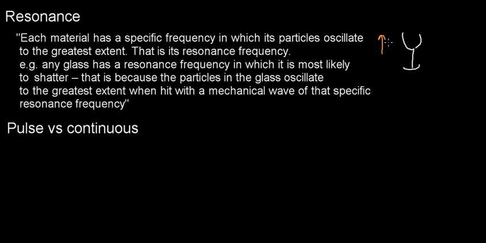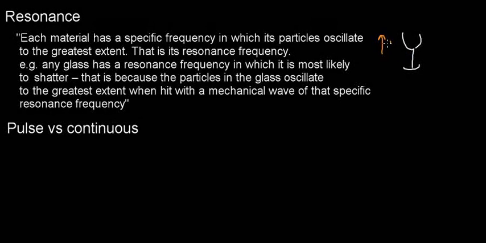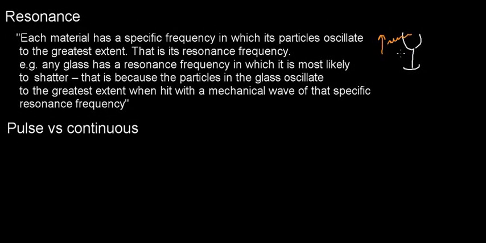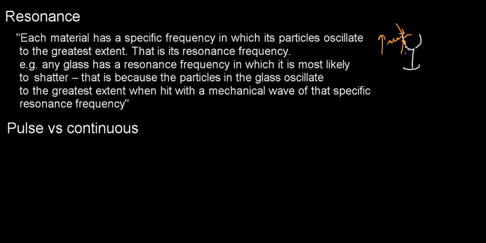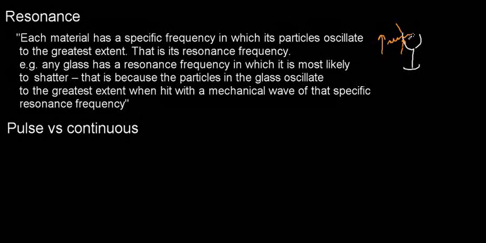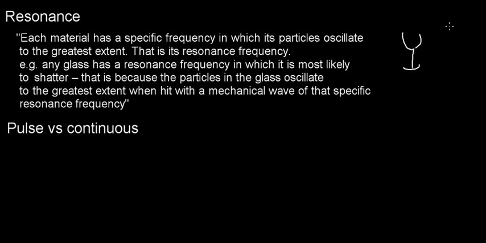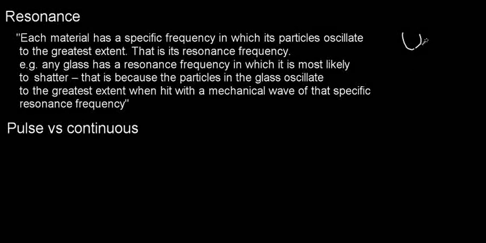But if I go up and reach a specific frequency that would interact with the particles of this specific matter in the maximum way, it is going to cause maximum oscillation. I can cause a maximum effect on this object and potentially break it.